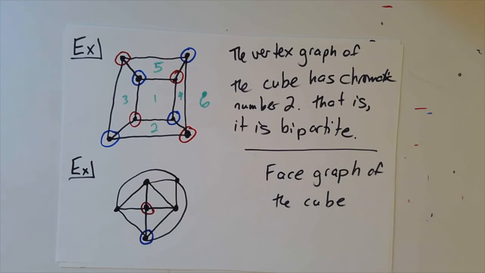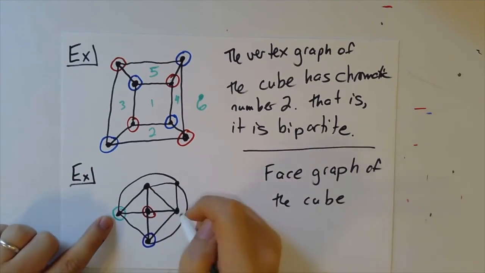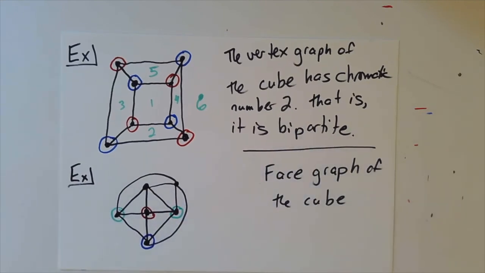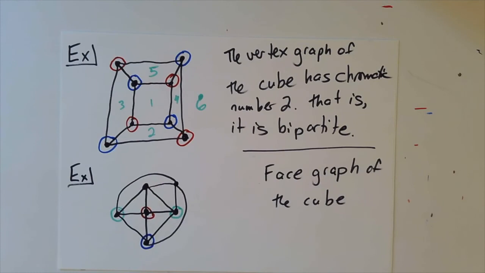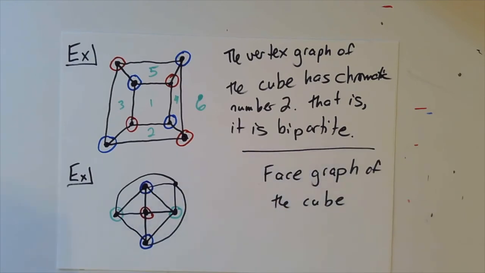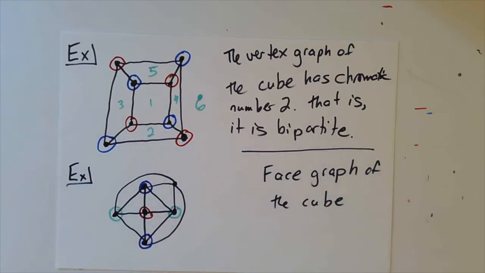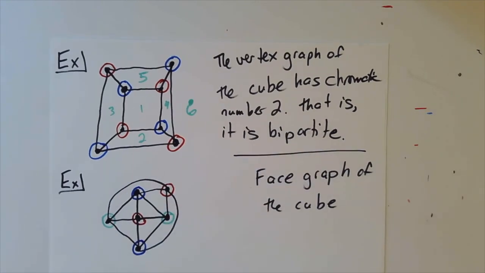So let's make those 2 vertices green, we'll say, because these 2 vertices are not connected. Okay, this vertex here is not connected to the blue vertex, so I can also make it blue. And now this last vertex up here is not connected to the vertex I colored red, and so I can color that red.